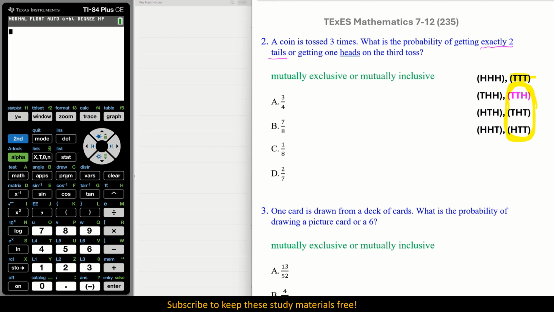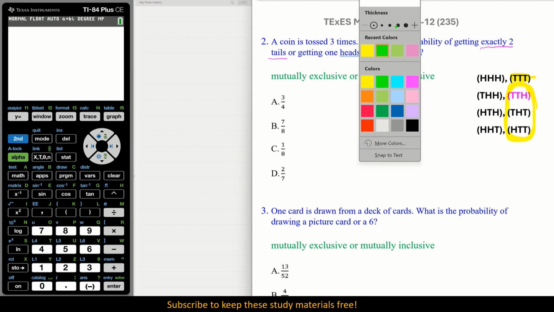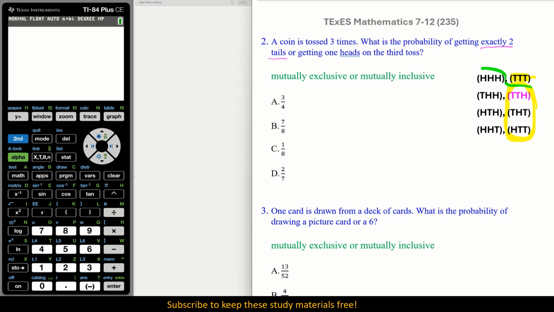Now it is saying that we need to look at 1 heads on the third toss. So let's change this. Well, on the third toss would be these options, not this one. Now we need to look at what we have. We have a repeating situation. That would be called mutually inclusive.